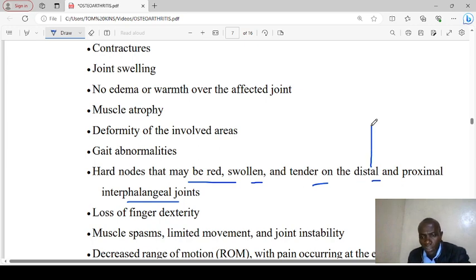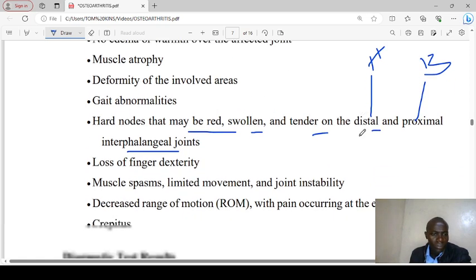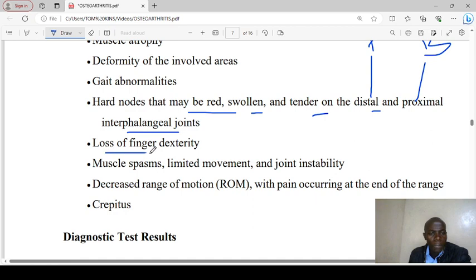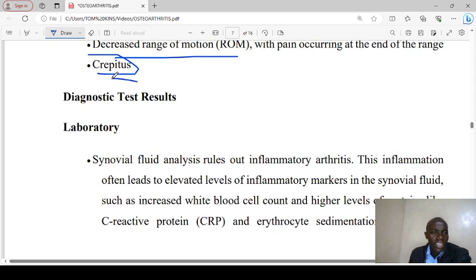Remember, the distal we have the Heberden's nodes, and the proximal we have the Bouchard's nodes. We also have the loss of finger dexterity, muscle spasms, limited joint movement, and joint instability. We have decreased range of motion, with pain occurring at the end of the range. Then we have crepitus.